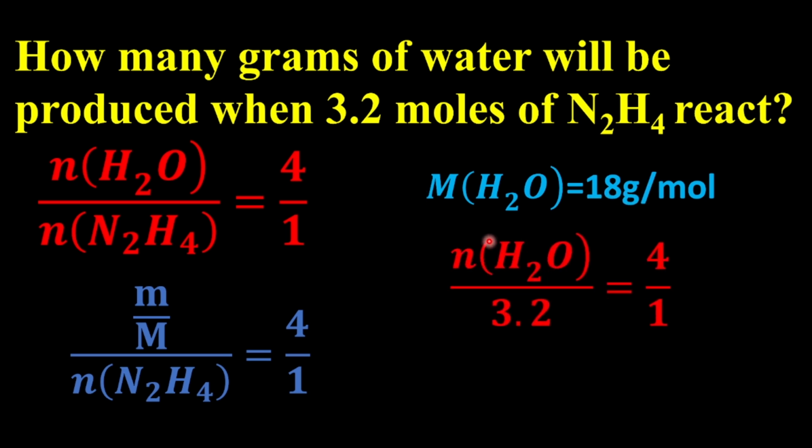Now let's look at our equation again. So we have n of water over the 3.2 moles of hydrazine, which is equal to 4 over 1. Now we just have to multiply. That gives us 3.2 times 4, which is 12.8 moles of water. But take note, the question didn't say we should calculate the amount. The question said we should calculate the grams of water, that is the mass of water.